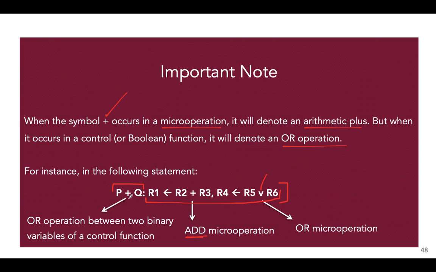If plus represents OR in the Boolean sense, then this represents OR within the microoperation, because we need to have a symbol for OR in microoperations as well. So the only confusion sometimes occurs with this plus sign. Whenever it is in the control function, the part before the colon, it means OR. But in the rest of the statement, it means simple mathematical add.